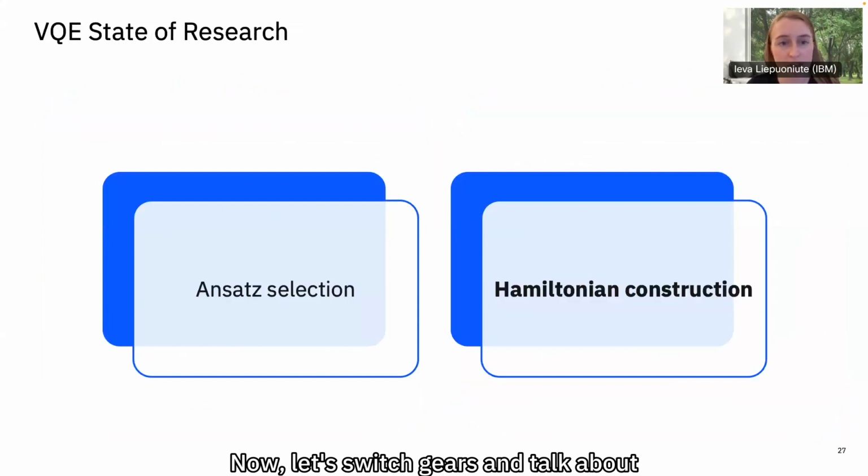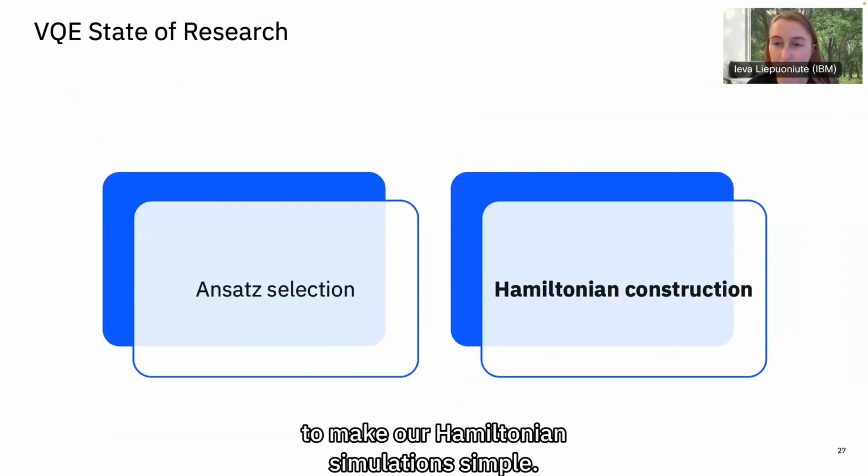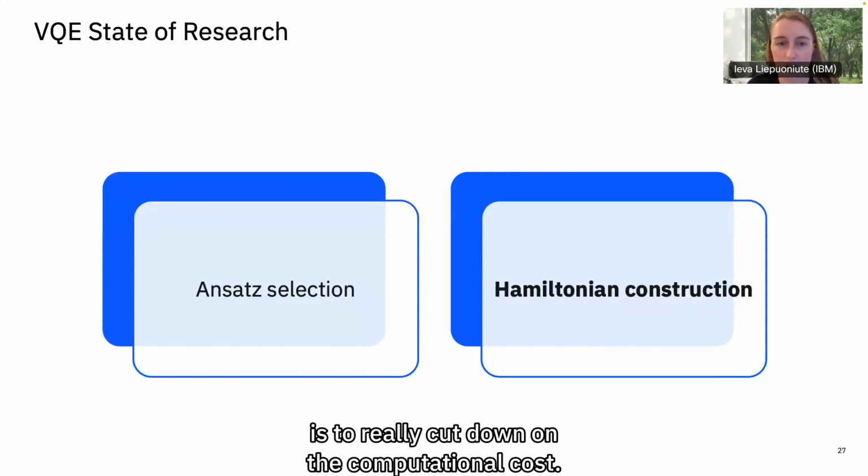Now let's switch gears and talk about how we can choose orbitals in a smart way to make our Hamiltonian simulations simple. And again, the goal here is to really cut down on the computational cost.